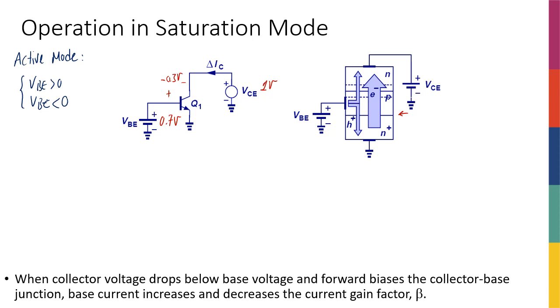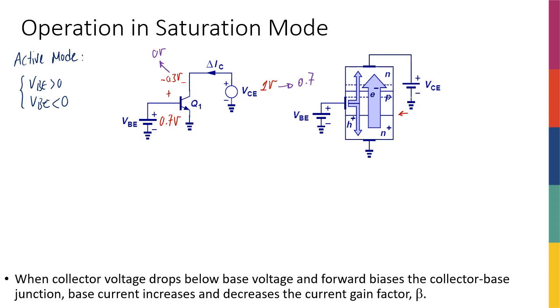Let's say I bring this collector voltage from 1 volt to 0.7 volts, down to the same level as VB. Let's show it with a different color. So we go to 0.7, and this VBC becomes 0 volts. What will happen to my transistor?